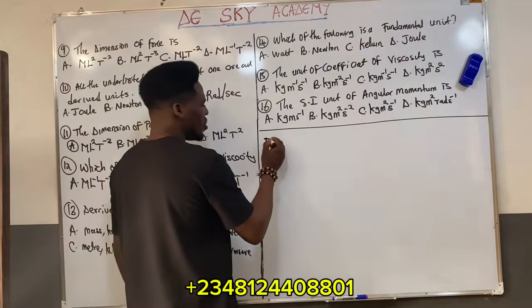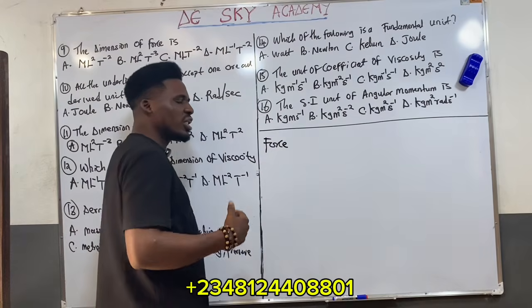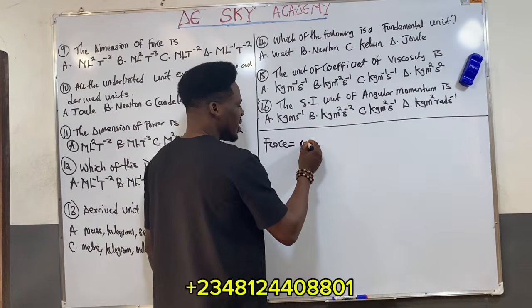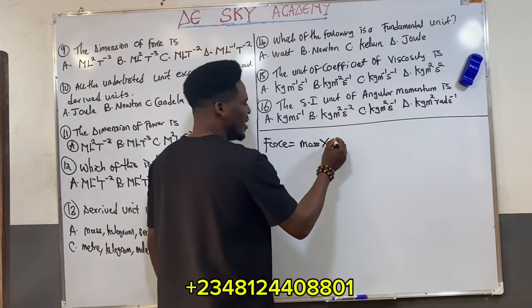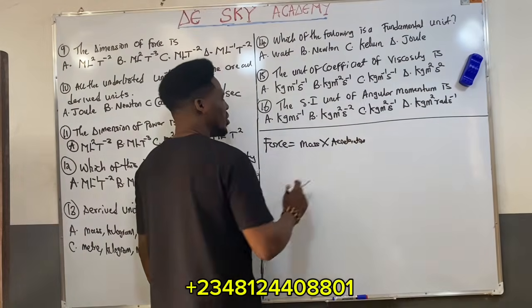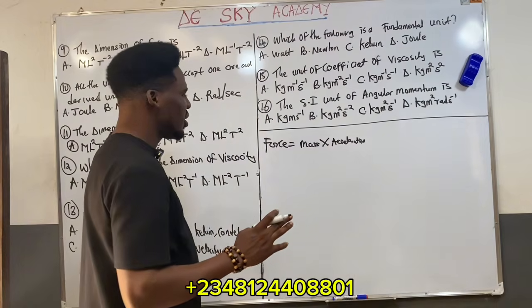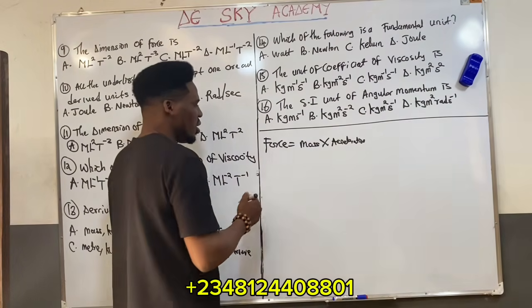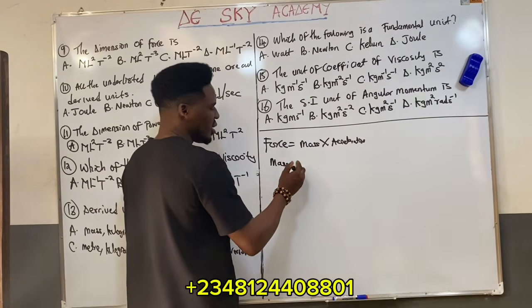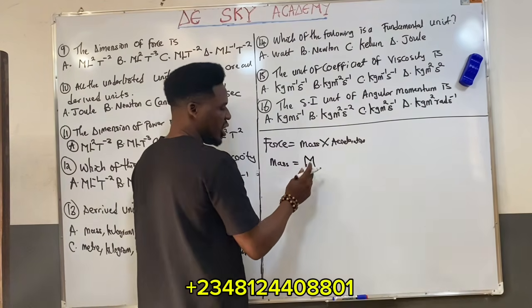First of all, you ask yourself, what is the formula for force? The formula for force is mass times acceleration, which is F = ma. So definitely you know that the dimension for mass is M, right?